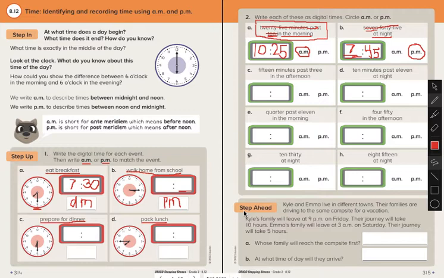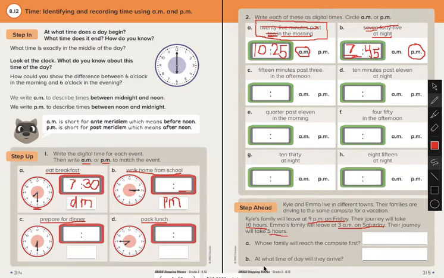Kyle's family will leave at 9 p.m. on Friday. Their journey will take them 10 hours. Emma's family will leave at 3 a.m. on Saturday. Their journey will take them 5 hours. Whose family will reach the campsite first is the first question. And at what time of the day will they arrive?